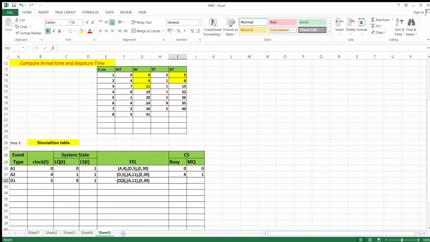Now we calculate the busy time. To calculate busy time: departure minus its own arrival, 5 minus 0, 5, plus 0. So maximum queue will be 1.